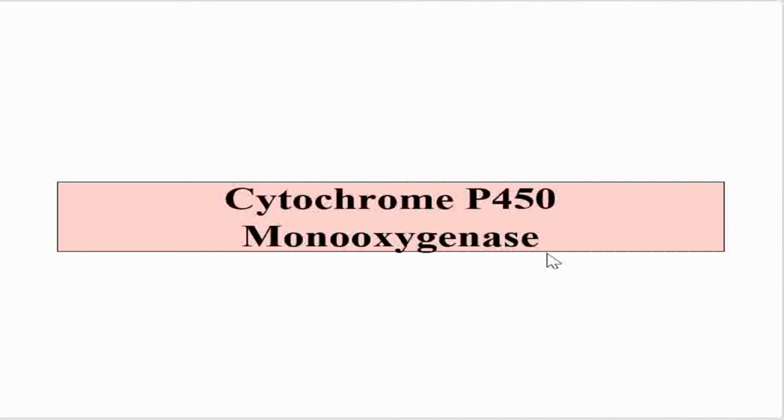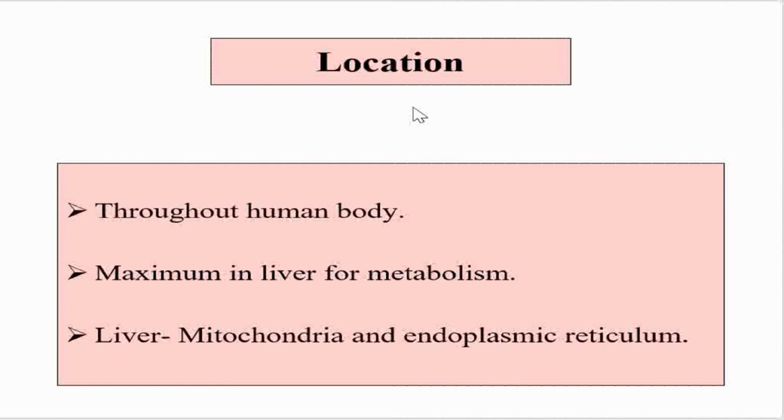So cytochrome P450 generally acts as a monooxygenase because it can insert one of the oxygen atoms of the O2 molecule into the organic substrate. First of all, we will discuss the location of cytochrome P450, that is, where it is found in the human body. It is found throughout the human body, and the maximum amount is present in the liver, where it is helpful in metabolic processes.